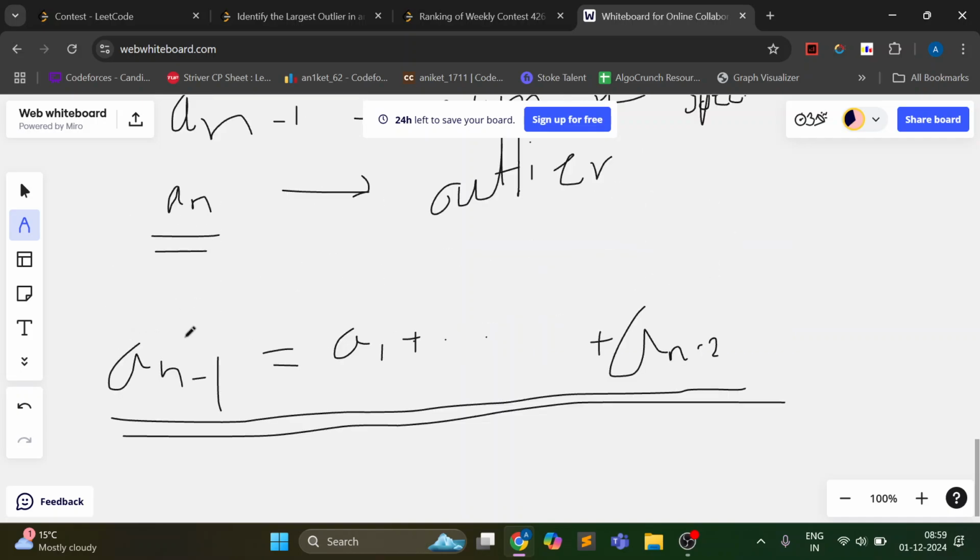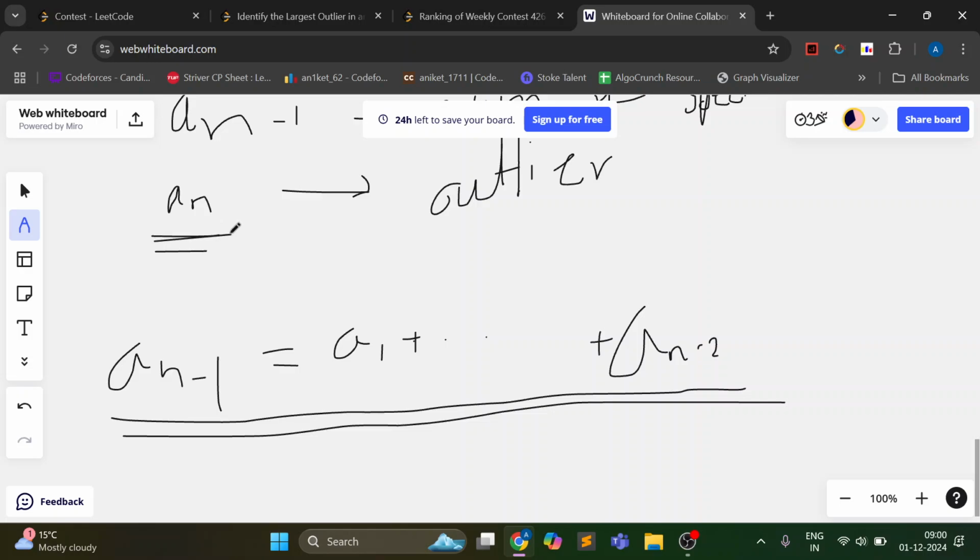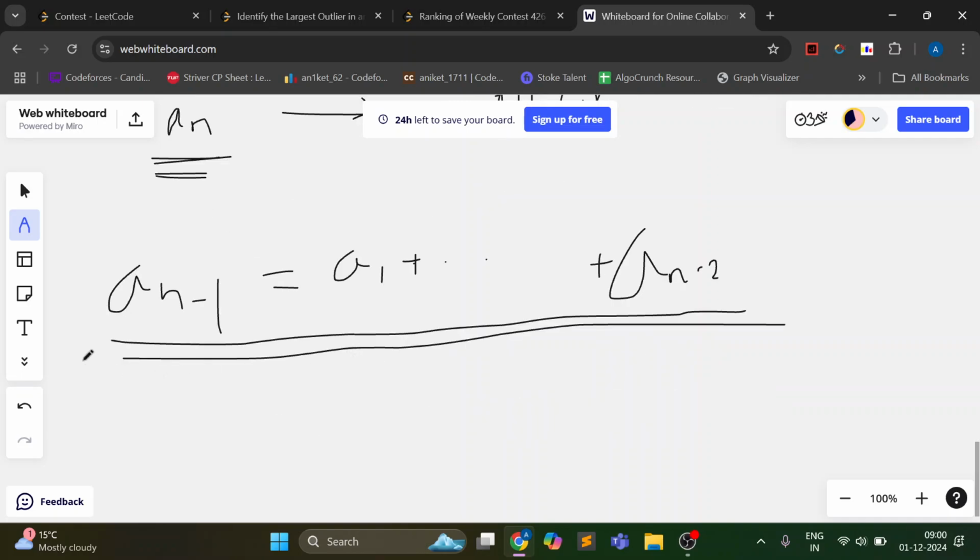So from this condition we can say that if we consider an outlier at index n, element at index n as an outlier, the sum of other elements, so let's add an minus 1 on both sides.